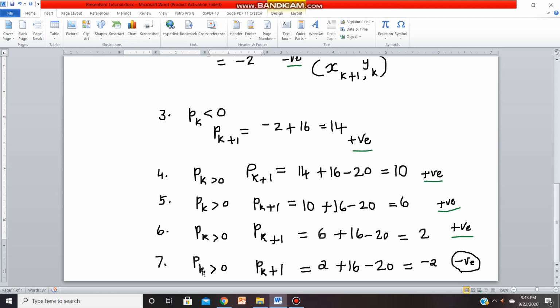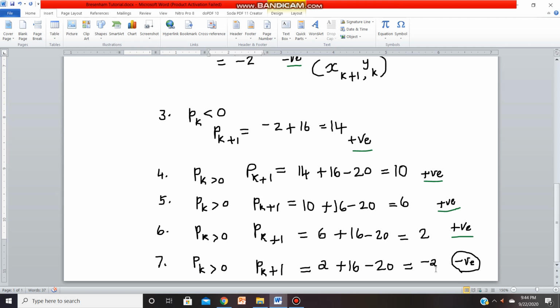So the next value when pk becomes greater than 0. So when k is equal to 7, pk is greater than 0. pk plus 1 is equal to pk plus 2 delta y minus 2 delta x and it is coming to be a negative value. So the pixel position there will be xk plus 1, yk.